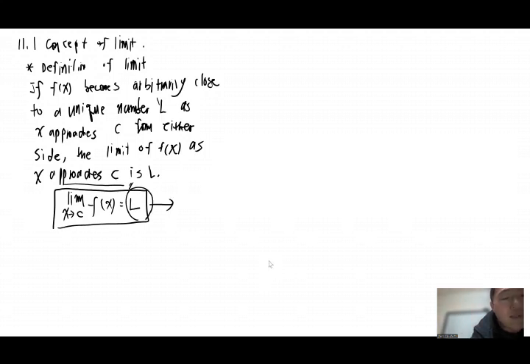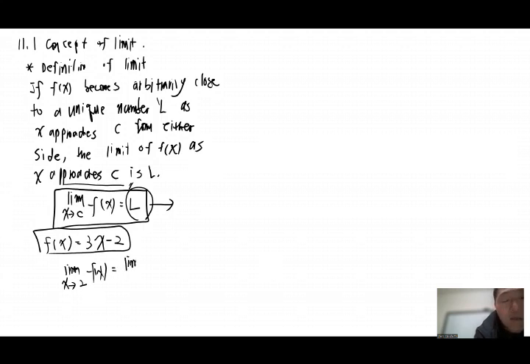So let's take a look at the basic concept of limit with example problems. Let's bring up an example function. f(x) is now 3x minus 2. Now consider the limit as x approaches 2 of this function f(x), that is the limit as x approaches 2 of 3x minus 2.